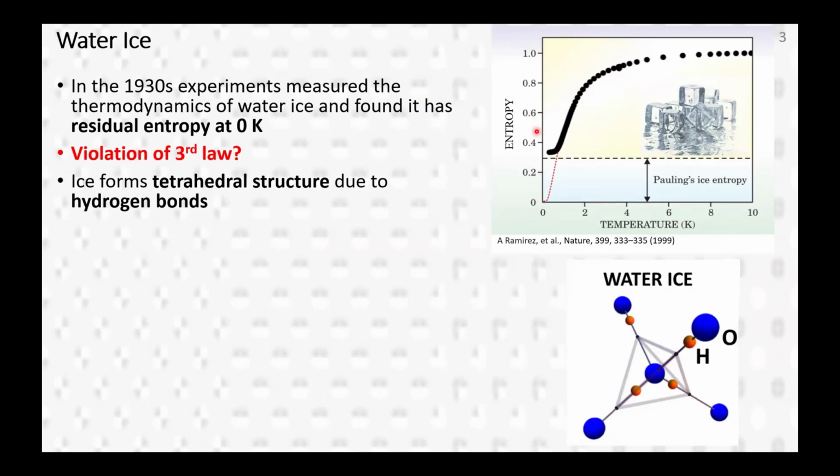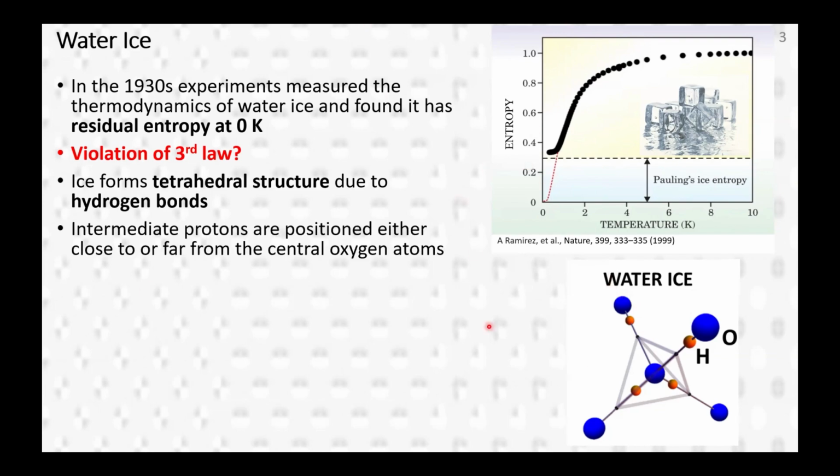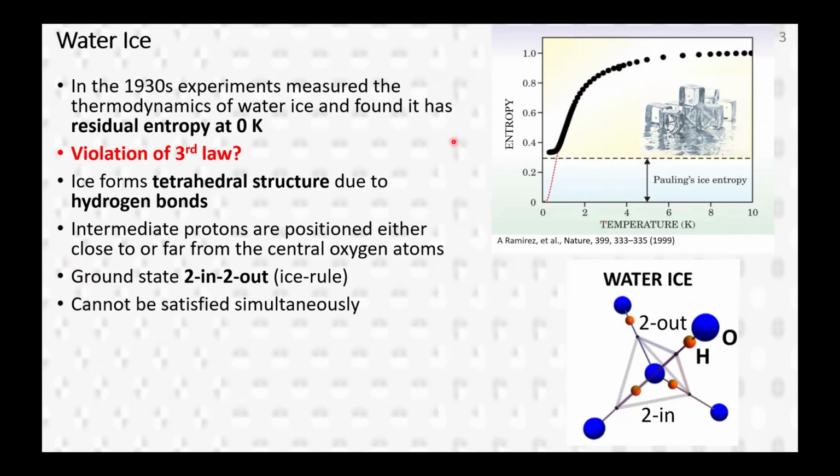Ice forms this tetrahedral structure due to the hydrogen bonds. If you look at this structure, we find that two protons lie close to the central oxygen atom, while two reside further away from it. This is what's called the ice rule, and this is the representation of the ground state of water ice.